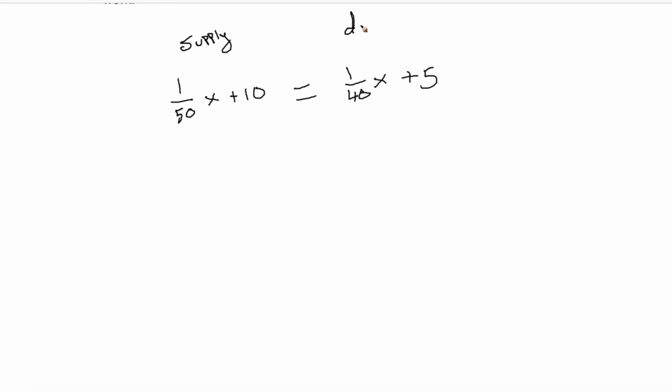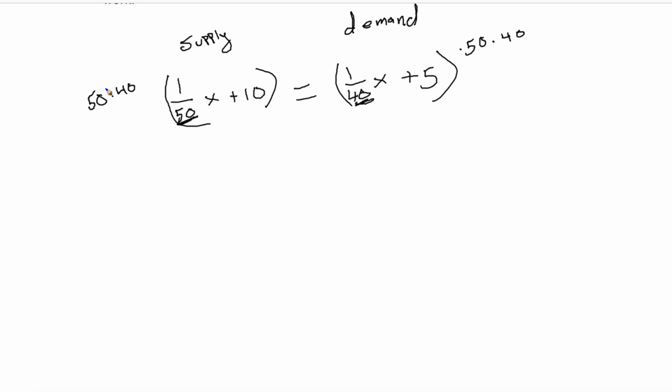This would be our demand. How do we get rid of this? Well, we take this whole thing and this whole thing times 50 and 40. How did I get those? Well, those are the denominators. It's called clearing out the fractions.